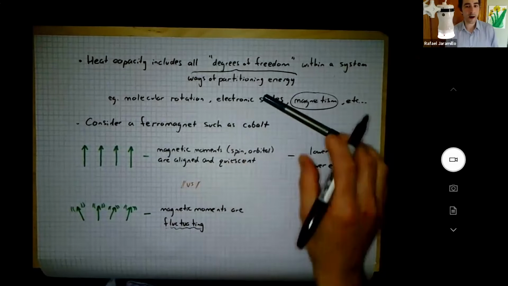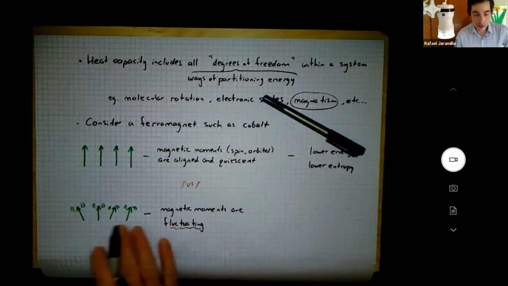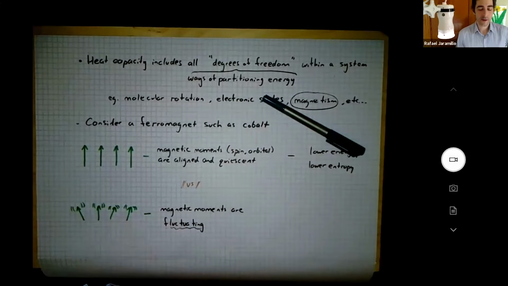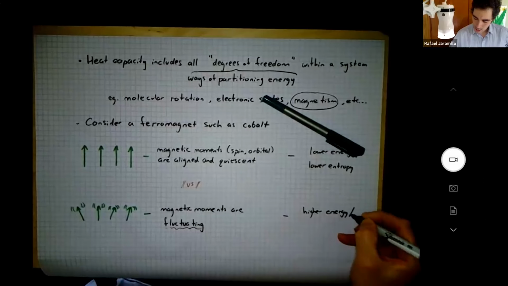They're fluctuating, just like the bond lengths were fluctuating before. Now the orientation of the magnetic moments are fluctuating. Right? This is higher energy. Higher entropy.